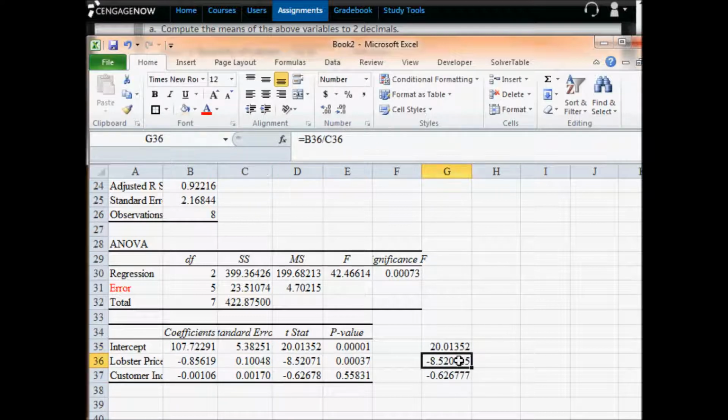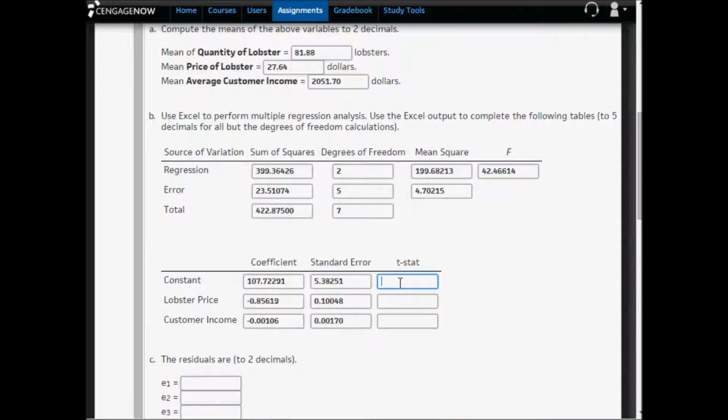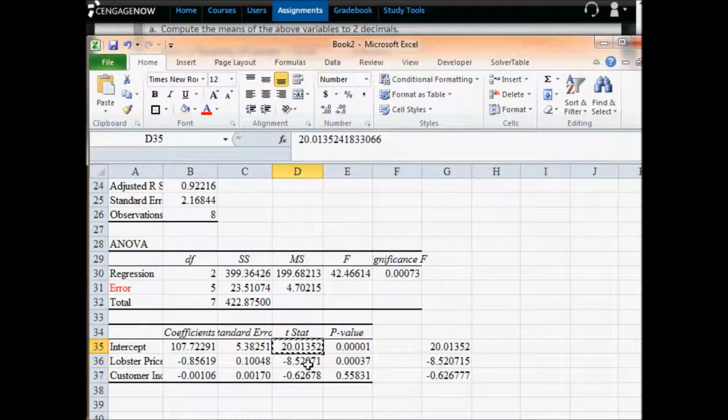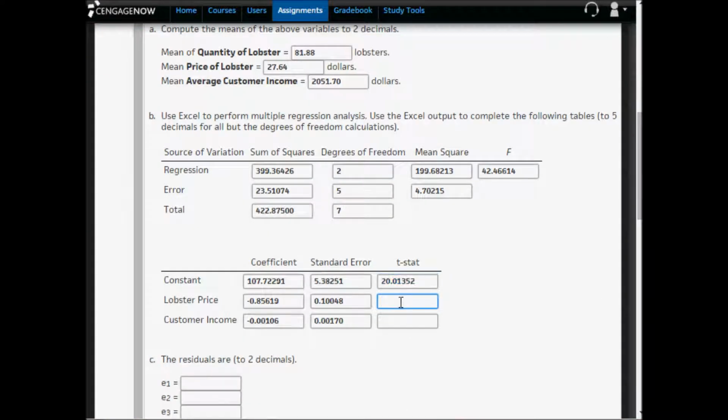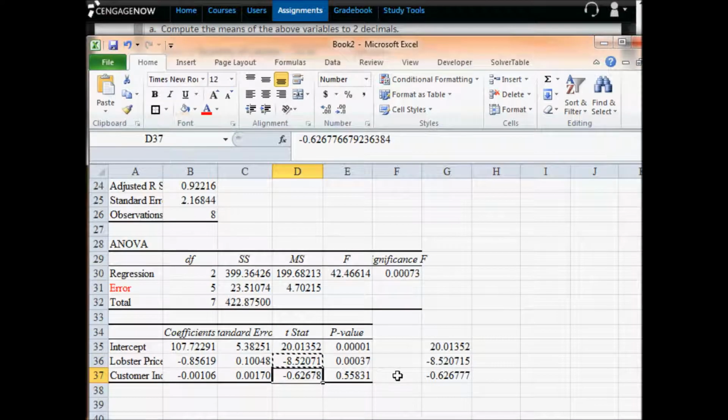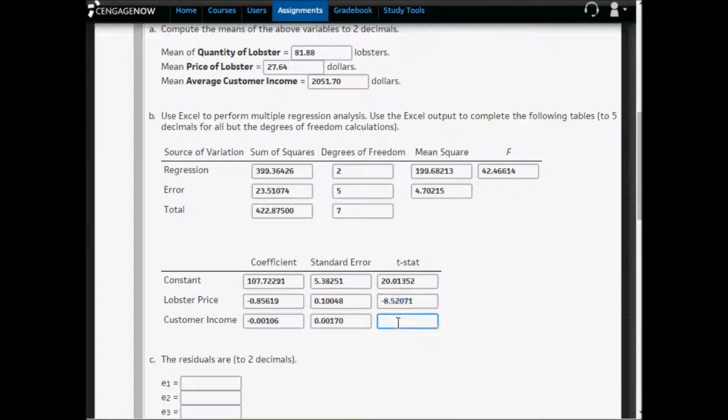This ratio equals that t-stat, and this ratio equals that t-stat. So the first t-stat is more than 20. The next t-stat is negative 8.5 something. And then the third t-stat is negative 6.2678. And I'm just copying and pasting.